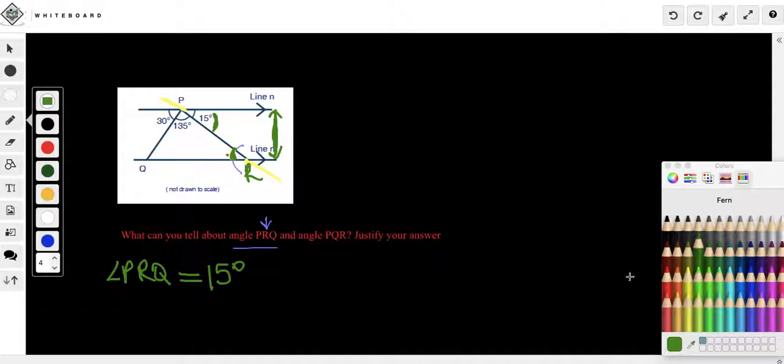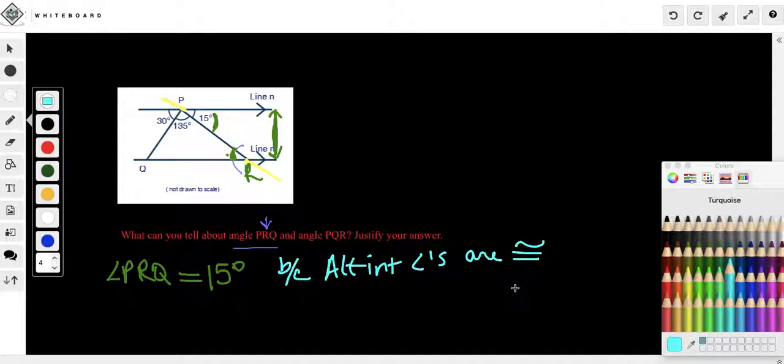And if it says justify your answer, we're going to say, how do we know that it equals 15 degrees? We know that because alternate interior angles are congruent.